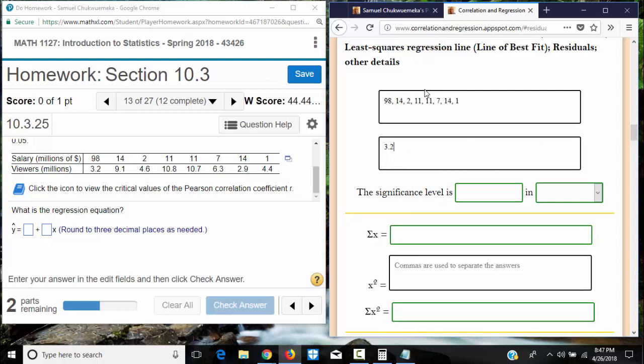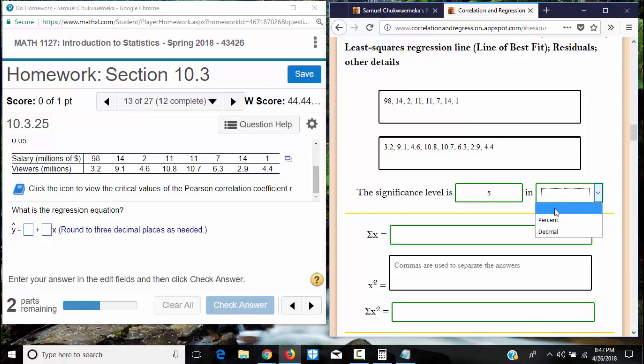For the Y, we have 3.2, 9.1, 4.6, 10.8, 10.7, 6.3, 2.9, 4.4.